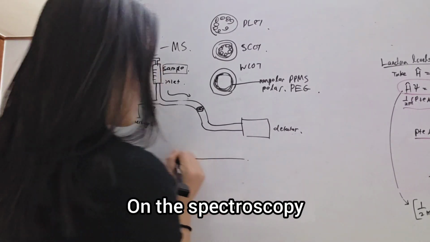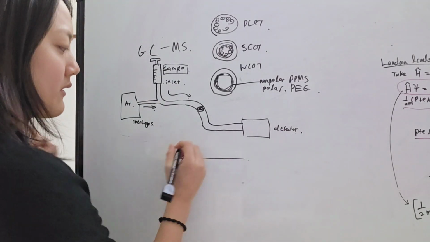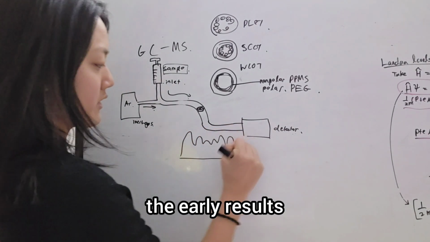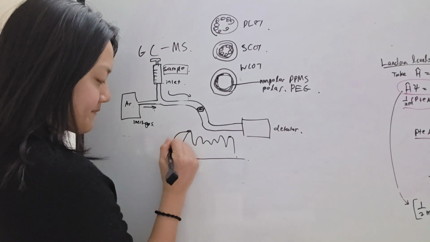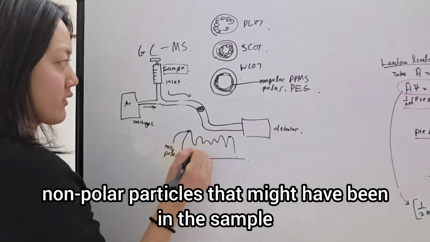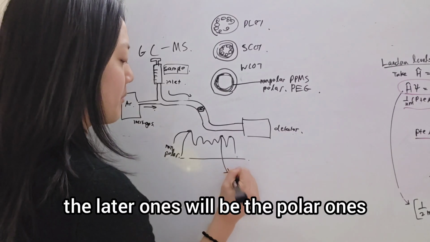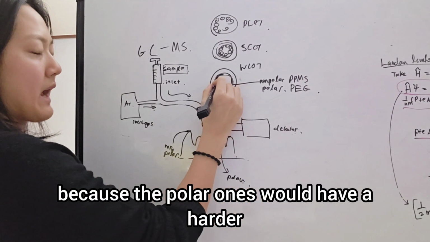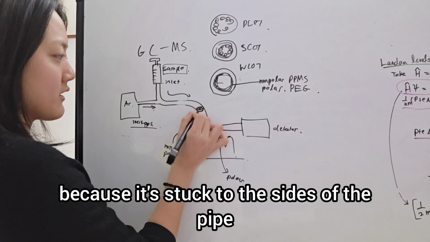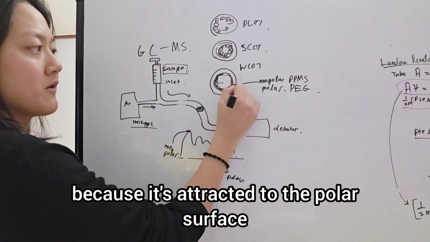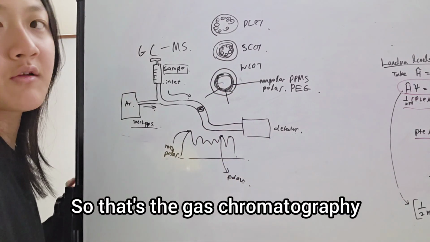On the detection, the early results are going to consist of the non-polar particles that might have been in the sample, and the later ones will be the polar ones, because the polar ones would have a harder time being freed up by the inert gas because they're stuck to the sides of the pipe, because they're attracted to the polar surface of this tubing. So that's the gas chromatography.